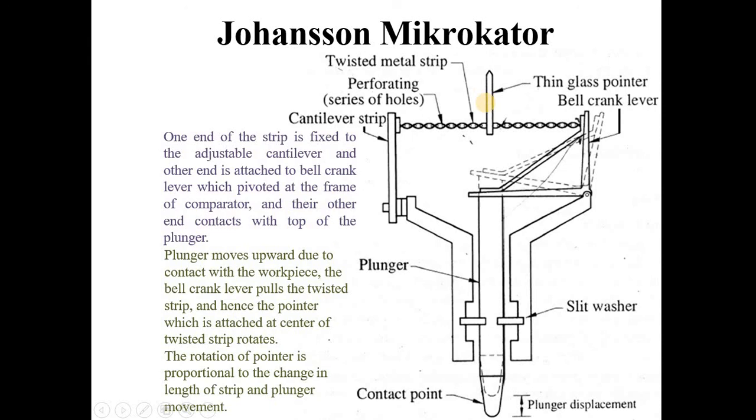The glass pointer can be rotated in upward and downward directions. After twist and untwist it can move upward and also downward. The change in height of the glass pointer is proportional, and it moves on a graduated scale placed behind it, so we can measure the direct error on the job.